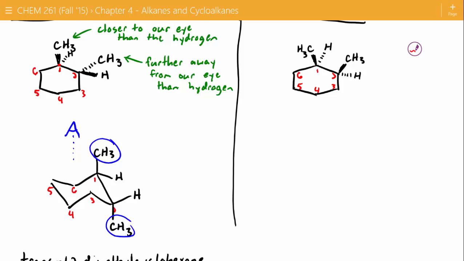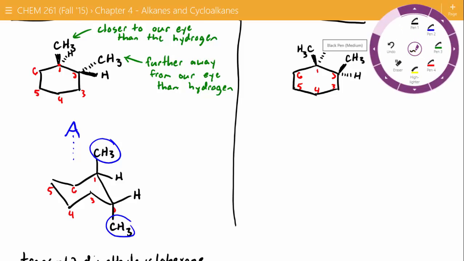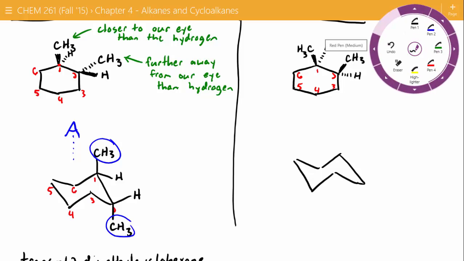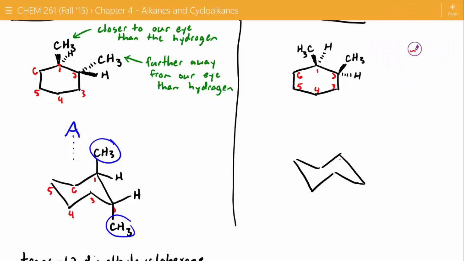So let's try to draw this with the chair again. All right. And then I'm going to go through and number these. I've got 1, 2, 3, 4, 5, 6.